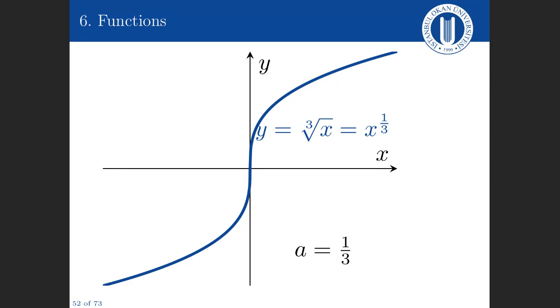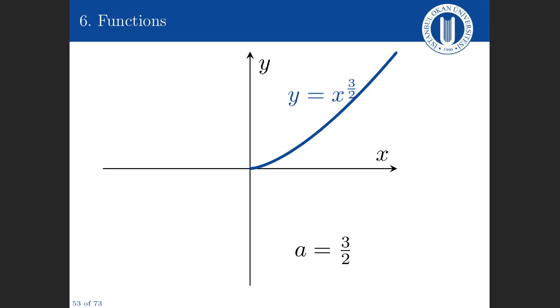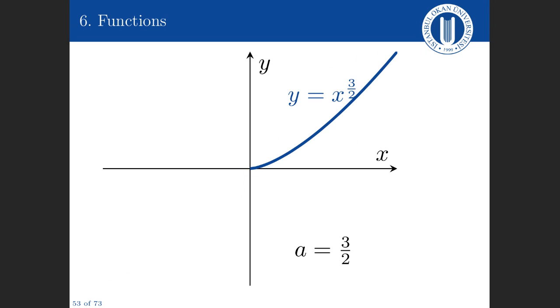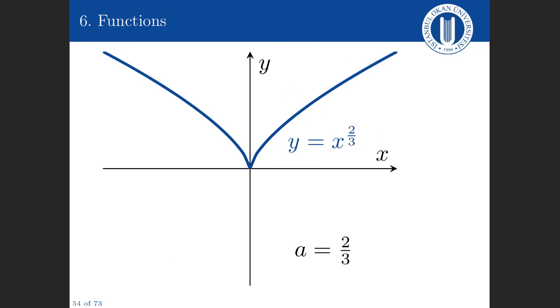X to the power of 1/3, or the cube root of x. X to the power 3/2, that means the square root of x cubed. X to the power 2/3. Look at the previous one, x to the power 3/2. The shapes are similar but flipped.